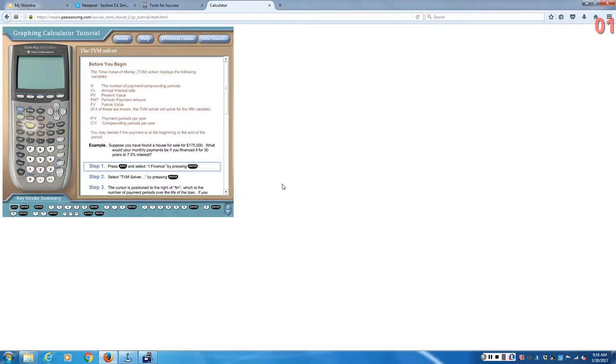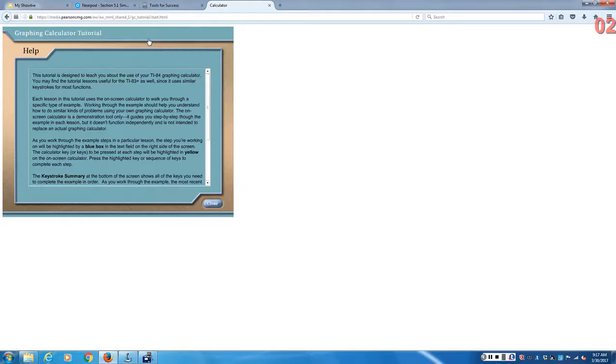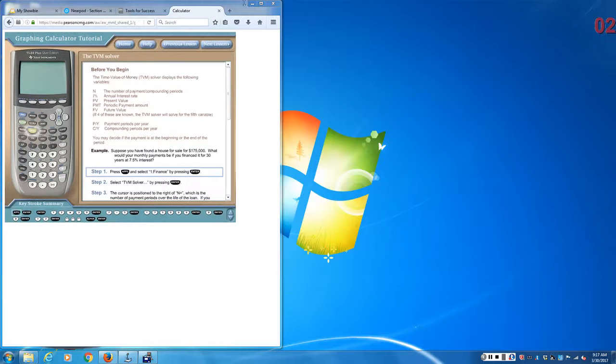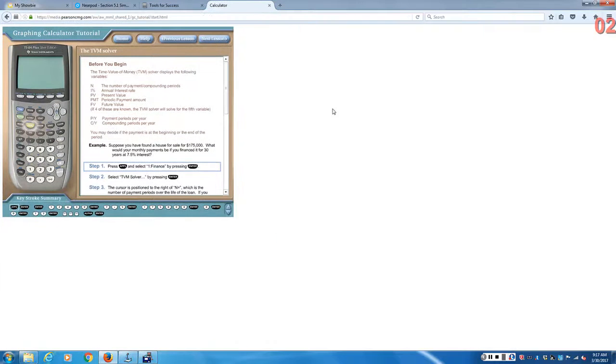And apparently it doesn't work on this. Yeah, I wish I could make it bigger because it would work a whole lot better.